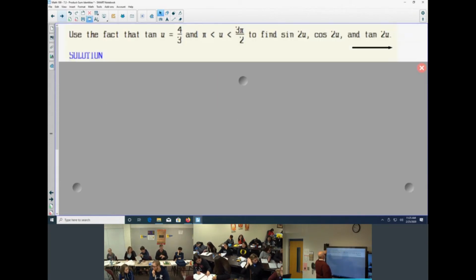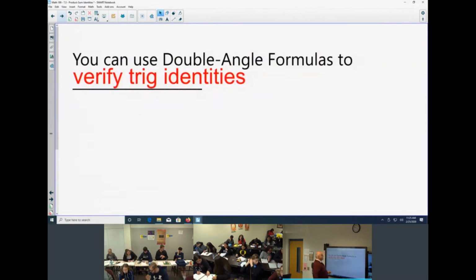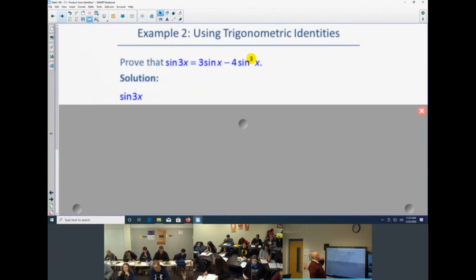Okay, so we can also use double angle formulas to verify other trig identities. All right, so let me give you an example. Let's say I want to show that sine 3x is equal to 3 sine x minus 4 sine cubed x.